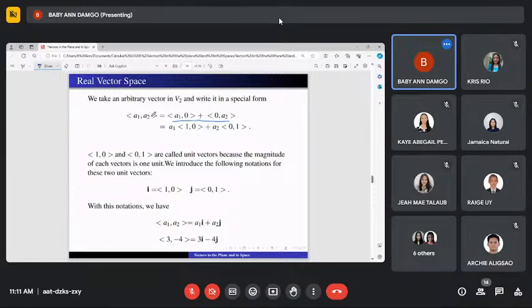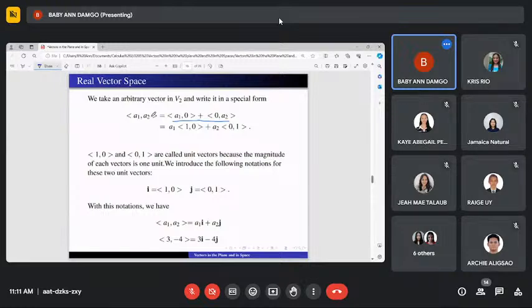So for V2, we let the unit vector 1, 0 be I, and the 0, 1 be J. If you are in V3, this one is I, this one is J, and this one is K. Okay?